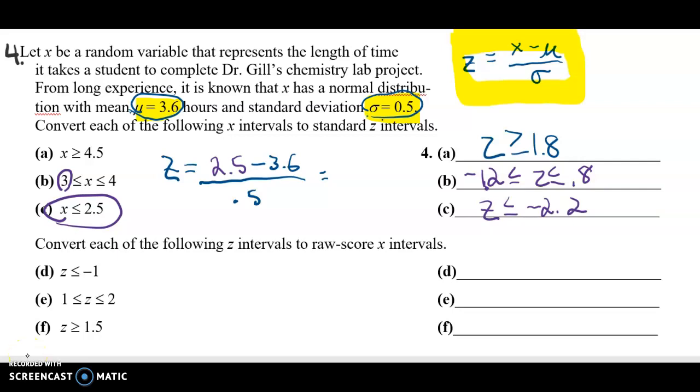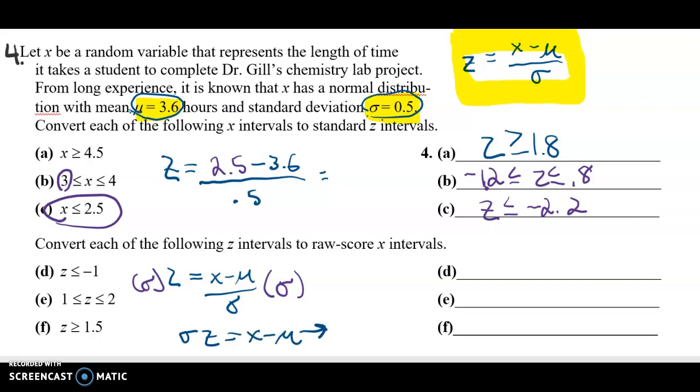For the next part, we're converting each of the following Z intervals into raw X scores. So we can use the same formula, only this time we're going to manipulate the formula. So if we have Z equals X minus mu over sigma, first I'm going to multiply both sides of the equation by sigma. And I'll get sigma Z equals X minus mu.